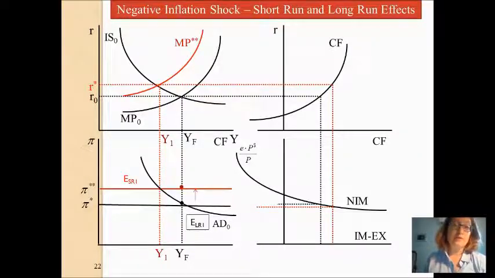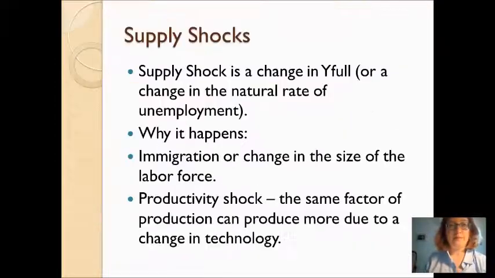So the good news is that in the long run the inflation shock cancels out, but it takes a long time and people are suffering unemployment during the process. The higher interest rate of course leads to a higher net capital flow, higher import minus export, and a reduction in the real exchange rate because we have more dollars coming in.